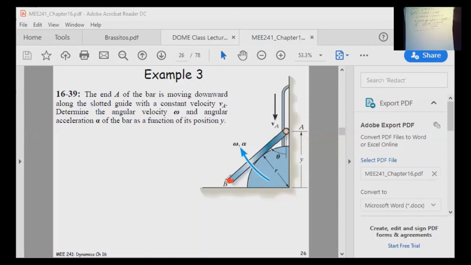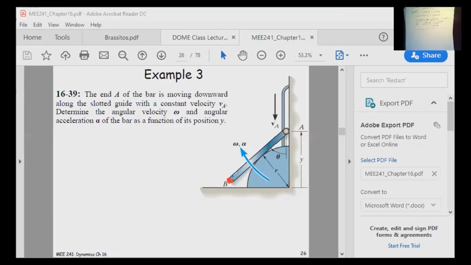Can anyone tell me? Can anyone tell me how do I get the acceleration of this point? Take a guess. It's totally fine to be incorrect. Let's just do an exercise. How would you do this?